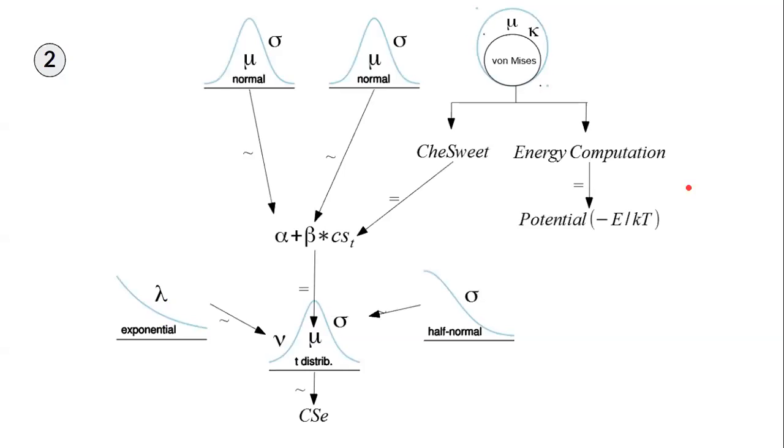This is model 2, and part of the model is the same as model 1, except that for every proposed glycan structure, we will compute the theoretical observables and perform a linear regression. That means that the x variable in this linear regression is not fixed. It is changing in every iteration of our sampling algorithm.